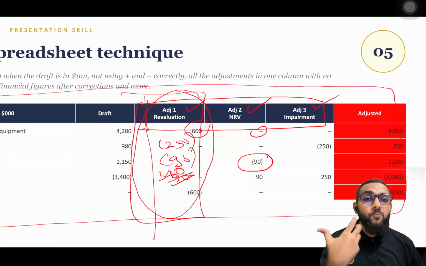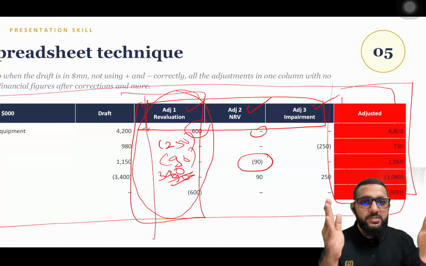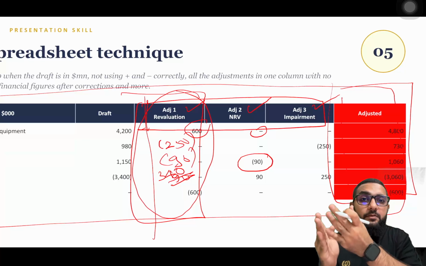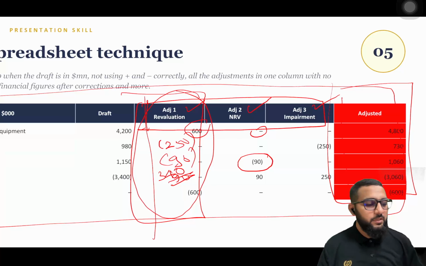And then one more issue with spreadsheet technique is where the candidates try to bring in this final column. You have the draft, you've done the adjustments, then they bring in the total column or adjusted column where they go from the draft to the adjustments and bring the correct figure. This gets you no marks.